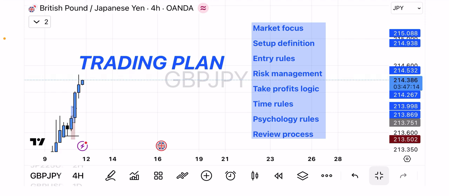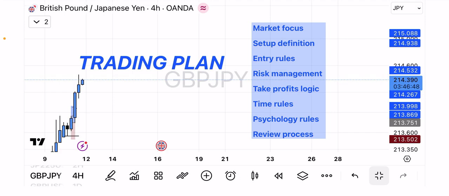And number one of that is market focus. You may be wondering, what is market focus? Don't worry, don't rush. I'm going to explain each and everything that's supposed to be in your trading plan in order for you to execute your trade, to manage your trade, and to exit your trade properly.